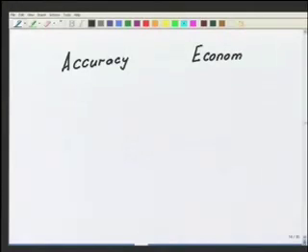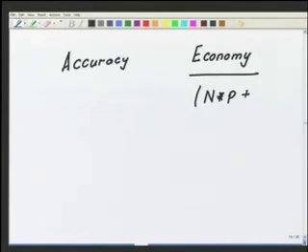Computational cost is very important. Why economy? Because here if we have a pth order element, then we will have np plus 1 unknowns. Okay. Here the rate of convergence in the strain energy is of the type ch to the power of p.